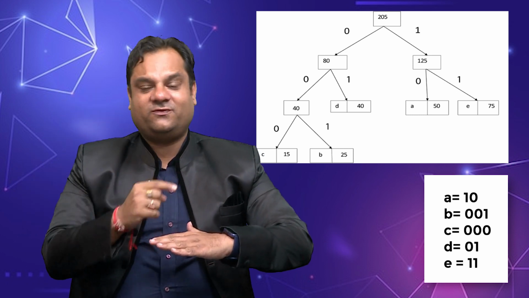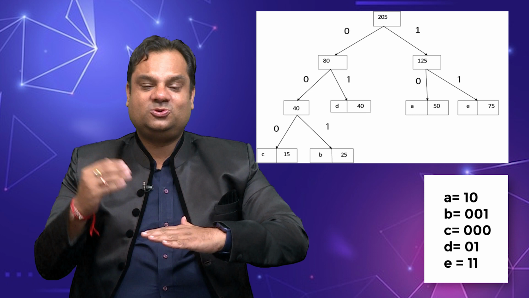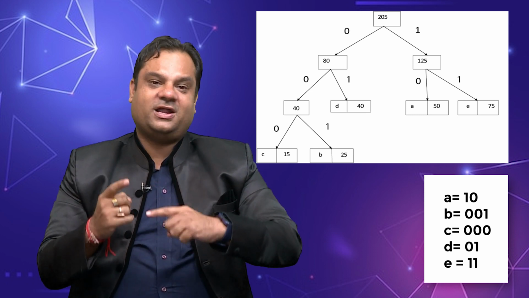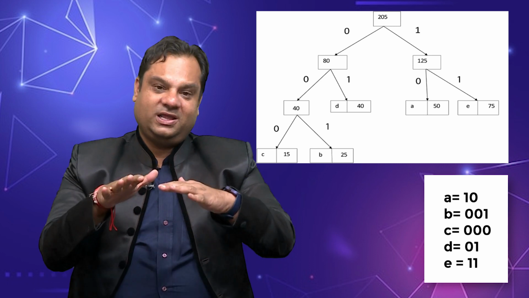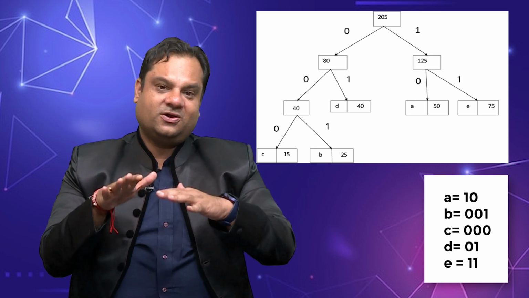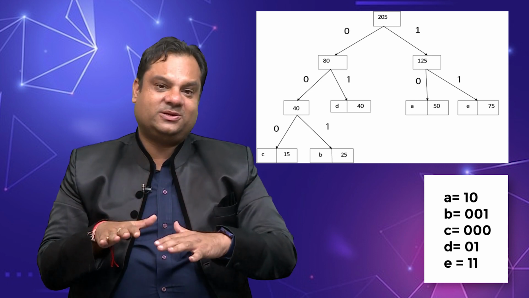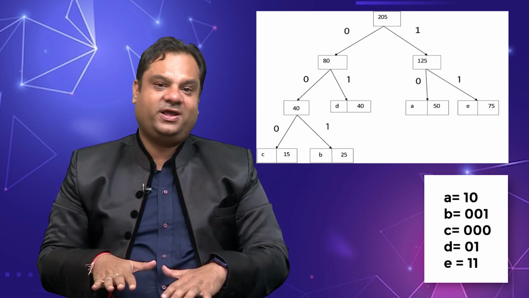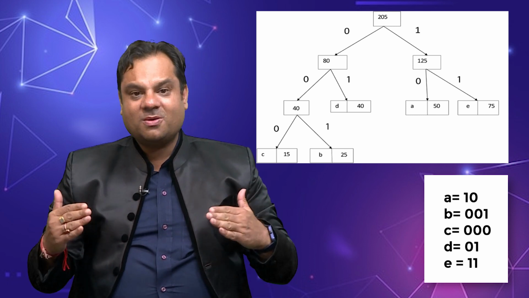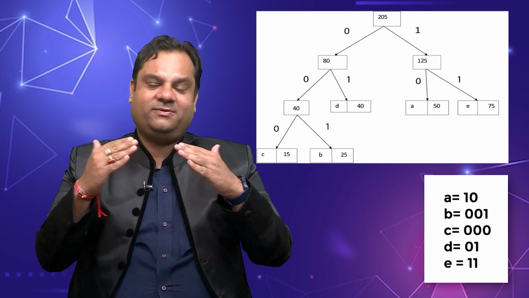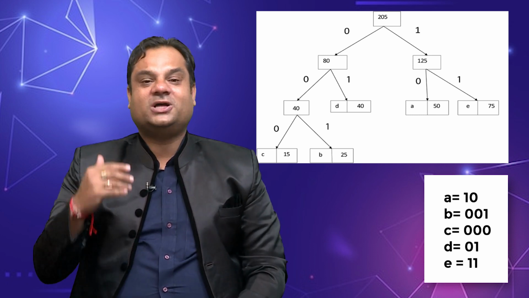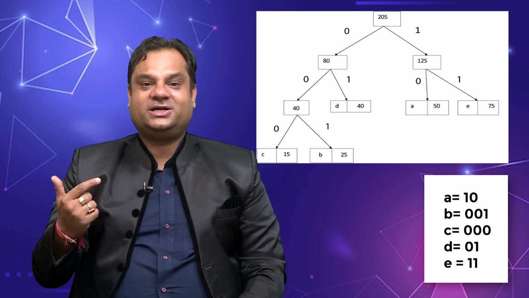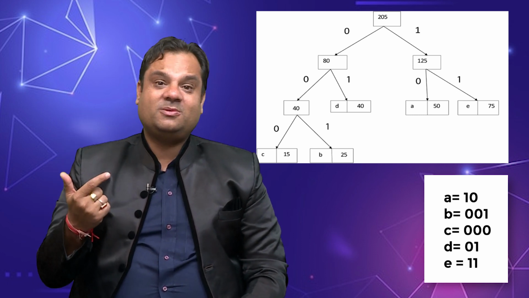As I told you in the previous slide, what is the bottom-to-top approach? The character having less frequency should be connected as a leaf at the bottom level of the tree, and by this we connect all the rest of the items based on their frequency, because the highest frequency character should take the maximum time.